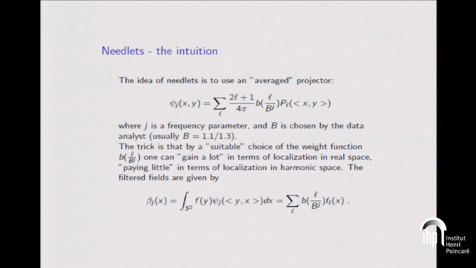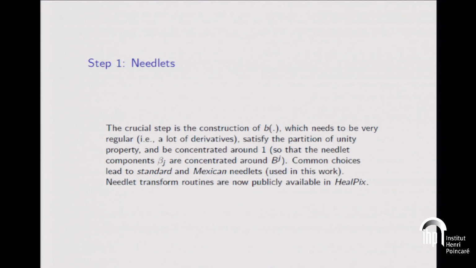So let's just say that you have to choose this function in a clever way, okay? Then you project your field with this projector, and you get these components, Bj, which then are what? Again, they are clever, hopefully clever, averages of the single multipoles, okay? With this function Bj, fine? So, of course, the crucial step is the construction of this function B, which must have some properties.